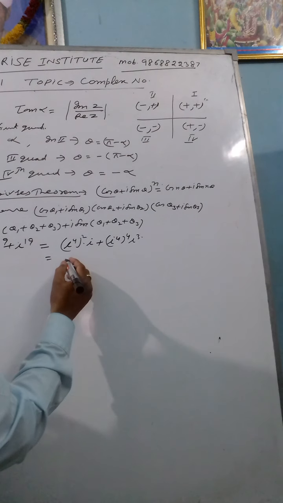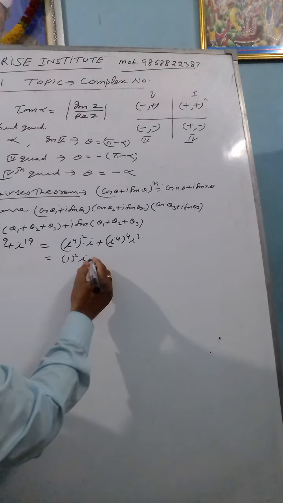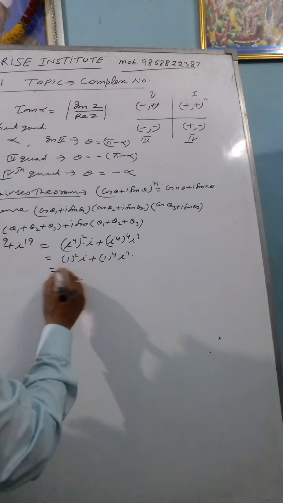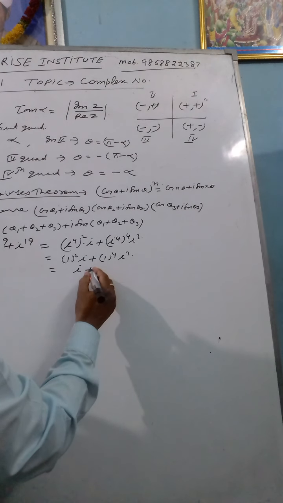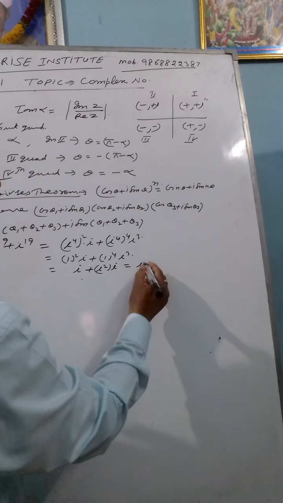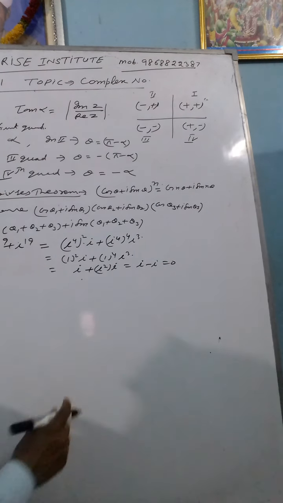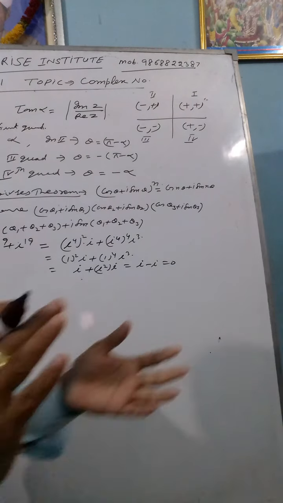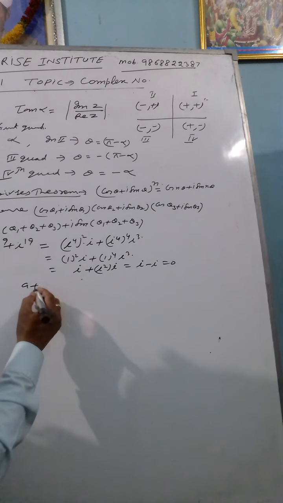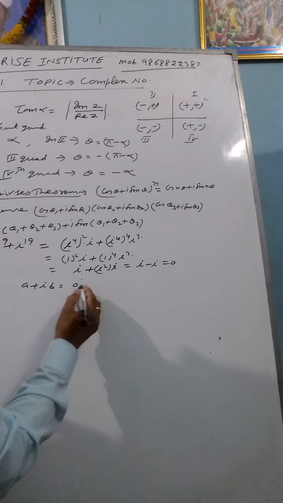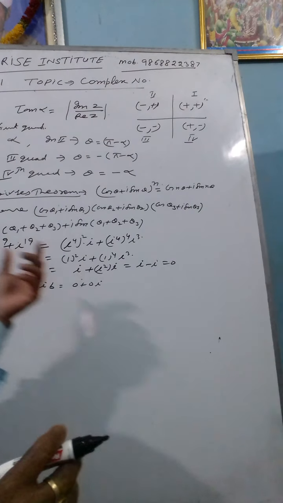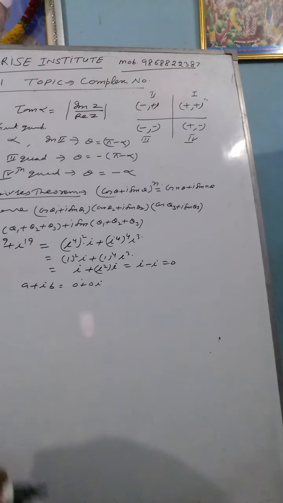So 1 square iota plus 1 raised to power 4 iota cube, then iota plus iota square into iota, that is iota minus iota, which is 0. Then in the form of complex a plus iota b, that is 0 plus 0 iota. Okay students, this is the example of iota 9 and iota 19.